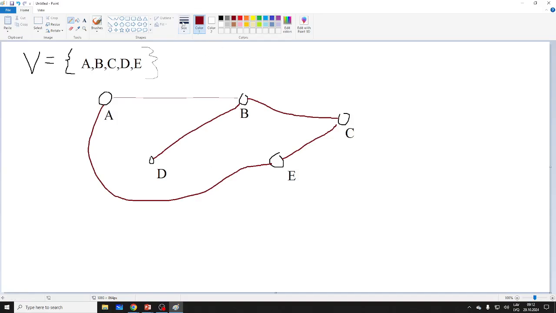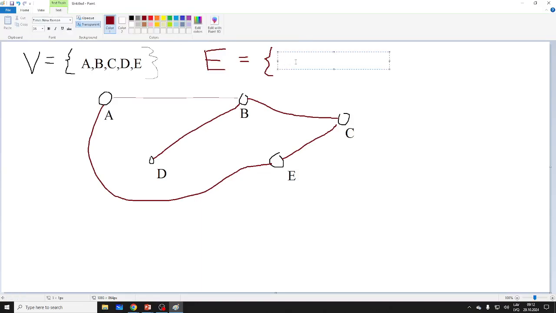And you could say, okay, E, so edges, and then you have to define them somehow. You could say AB. That's one way of defining them. AB, then BC, BD, CE and EA.